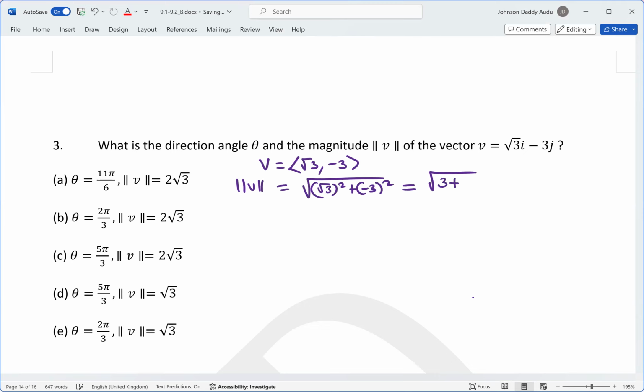So here you have 3 and here you have 9. Yes. So this is just going to be the root of 12, which we can write as 2 root 3, right?